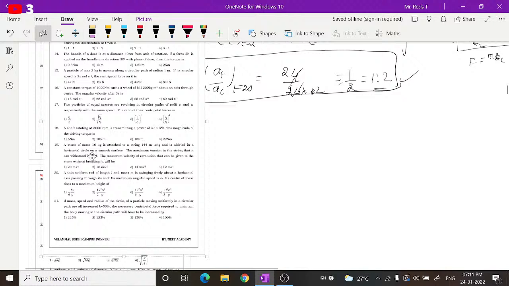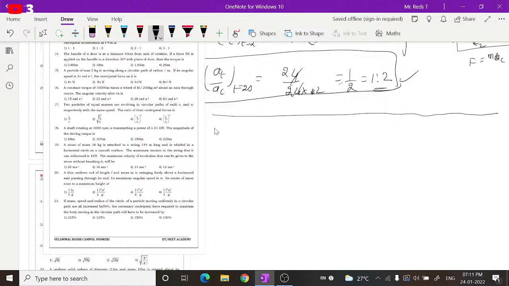Okay, guys, now this is question number 19. It is given that a stone of mass 16 kg is whirling in a horizontal circle, attached to a thread.